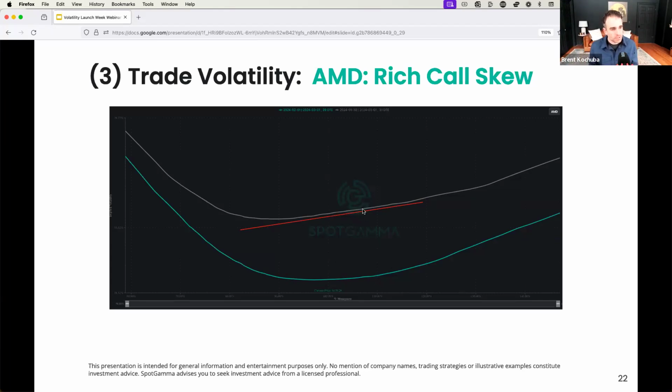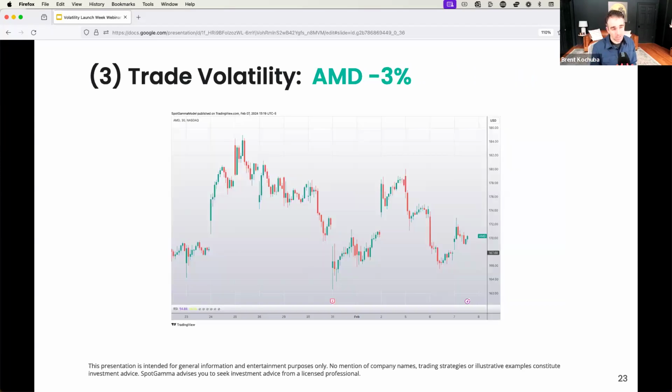And after earnings, what you can see is not only does vol come down, the green line is after the earnings report, but that skew starts to really come out. If we were to draw a red line down here, you would see that really flatten out. What's so interesting about this is if you look at the stock performance, its earnings were okay. They weren't dismal, but the stock was down 3% in this case.